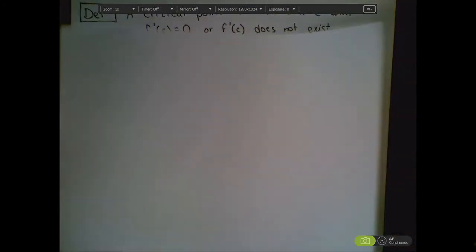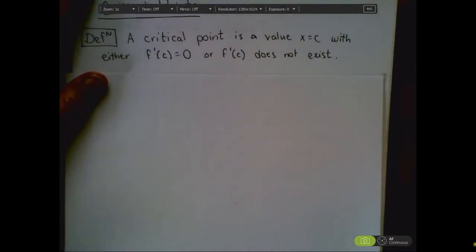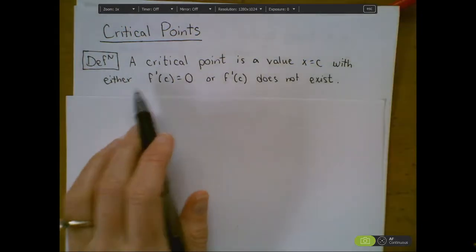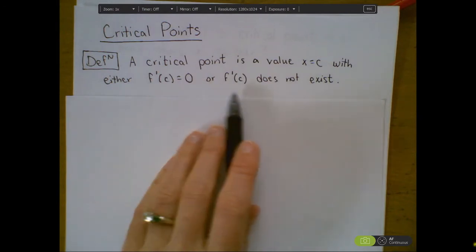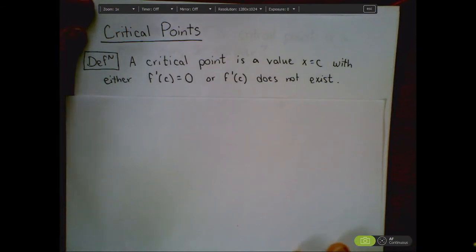So let's go to our definition. A critical point, here we go, critical points. A critical point is a value x equals c where either the derivative at that point is equal to 0 or the derivative doesn't exist. So let's review what we saw before.